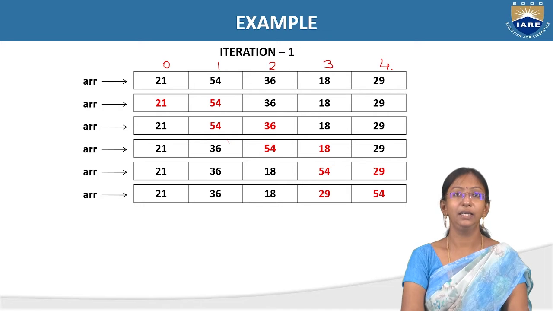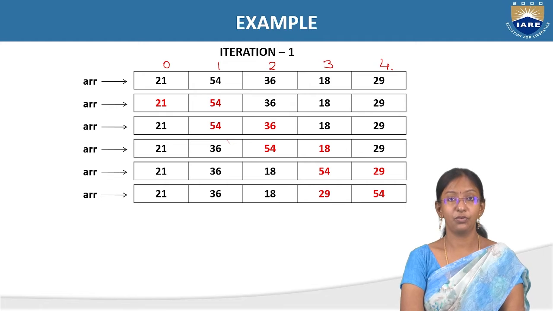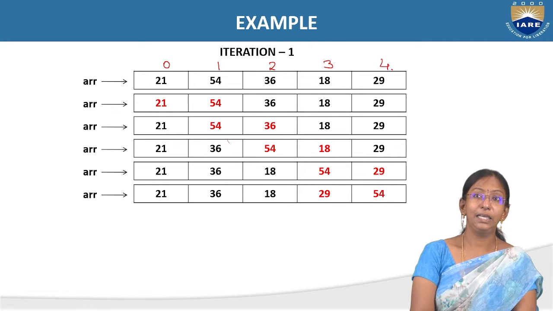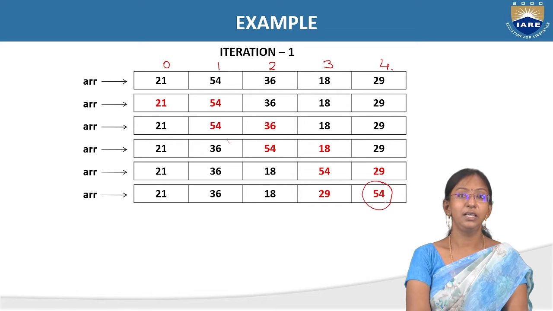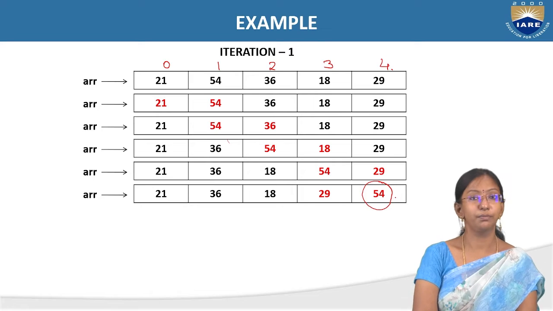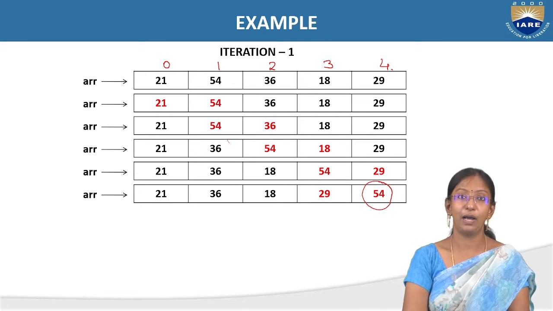Have a look at the list which I get by the end of the first iteration, guys. You can clearly see that 54, which is the largest element of your list, is at its right position, placed at the highest index value.